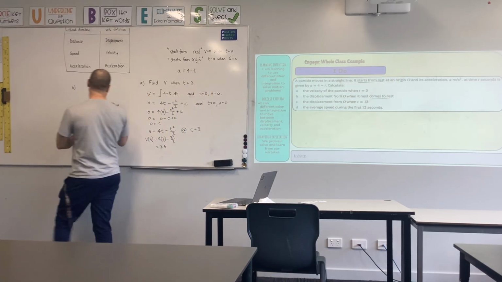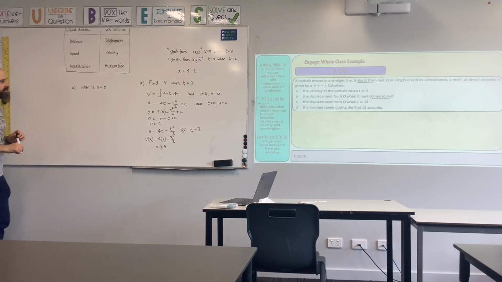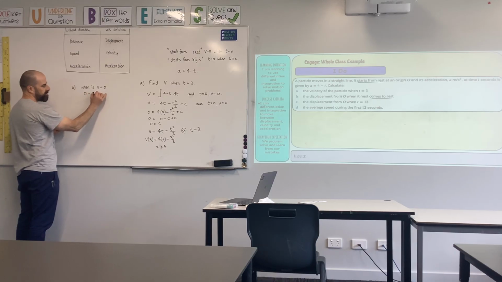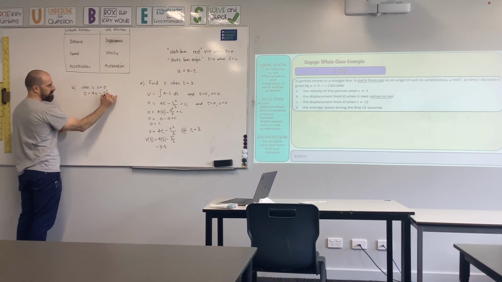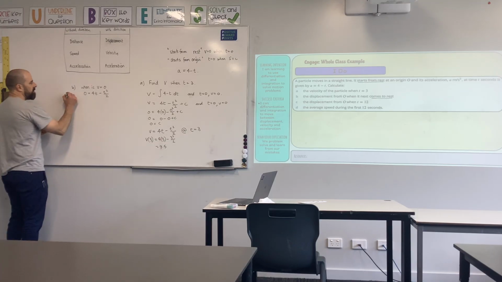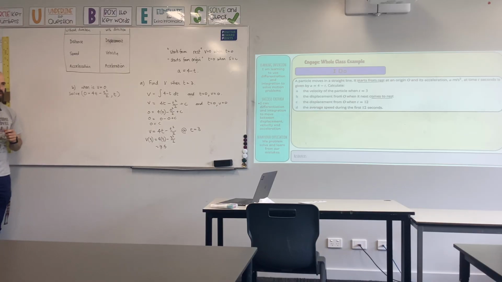So how can we find out when the velocity equals 0? We've got a formula that tells me the velocity, and I want to know when that equals 0. So I have to solve this equation. That one would be pretty quick to do by hand, but I want you to practice doing it with your calculator. So I can do it on my calculator. All right.